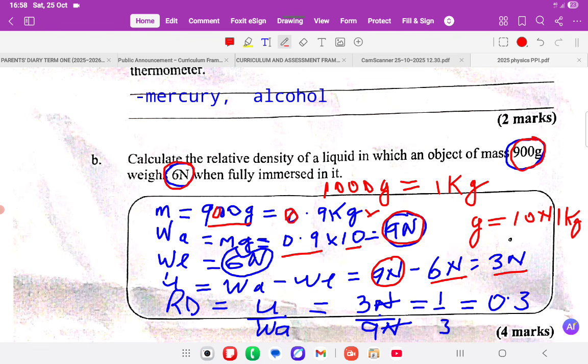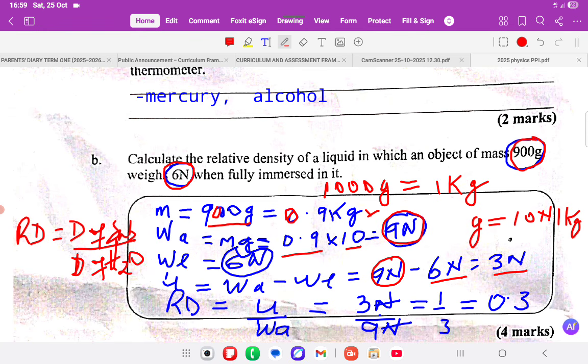We have several definitions of relative density. Relative density is also equal to density of a substance divided by density of water.